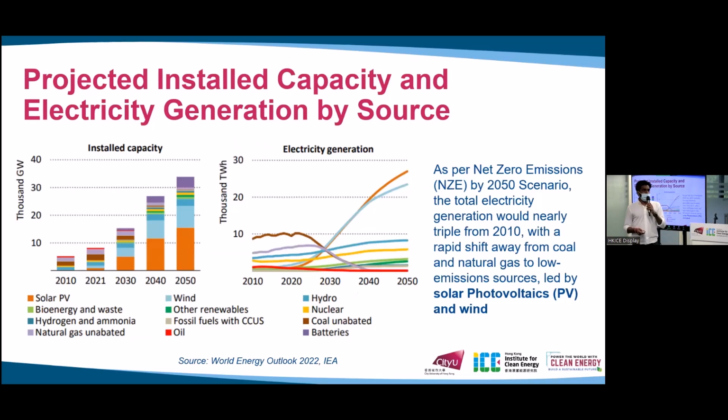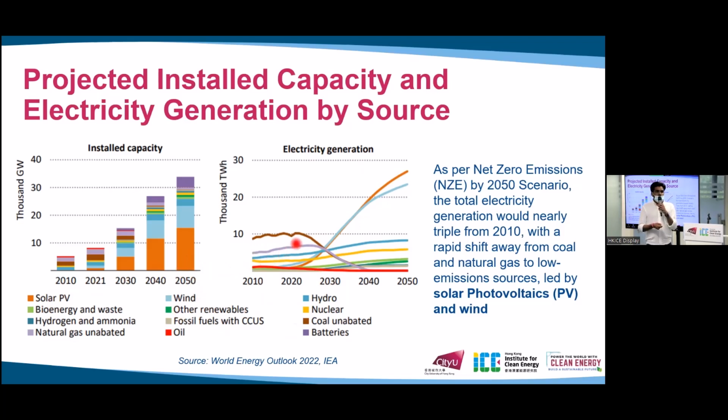Now, if you see the projected installations capacity and electricity generation by source, we have various other fuels apart from solar: bioenergy, waste, hydrogen, ammonia, and even carbon capture and utilization. But out of all, if you see the IEA's net zero emission 2050 scenario, solar PV is dominating in terms of installed capacity or projected installations.